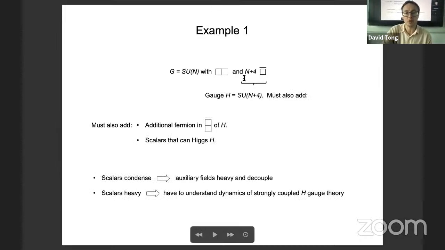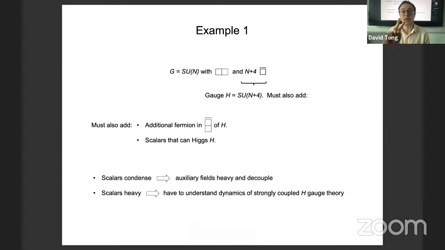The extra stuff I'm going to add: in addition to this symmetry G, there's clearly another SU(N+4) symmetry that rotates all of these fundamental fermions, and it commutes with G. So I'm going to add a gauge group for this SU(N+4). I'm going to gauge this SU(N+4) symmetry.